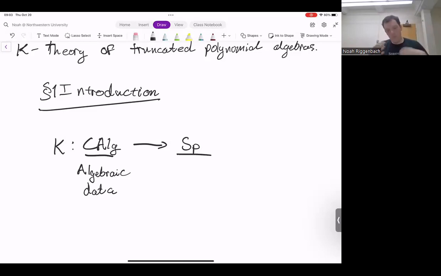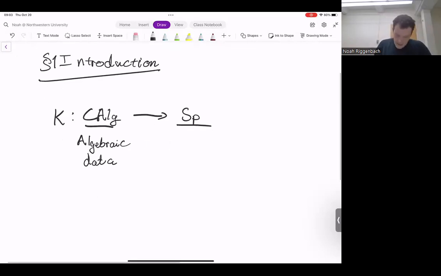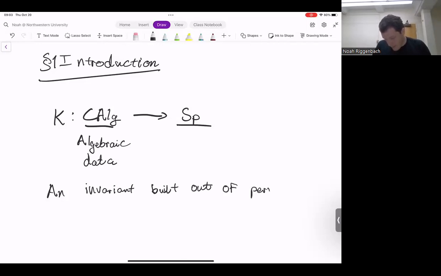Roughly, this is an invariant built out of the perfect R modules. So I'm describing K of R here, where R is some ring.